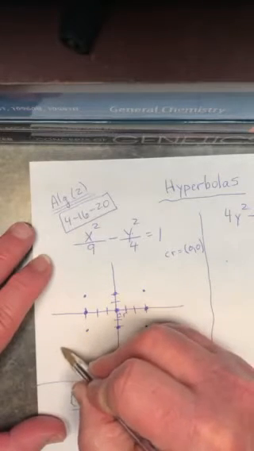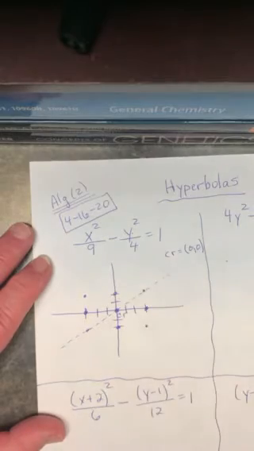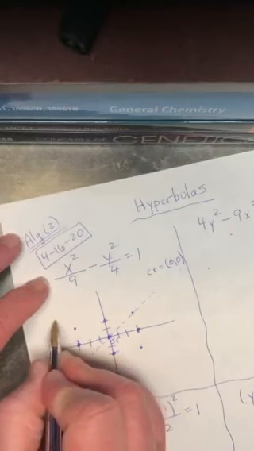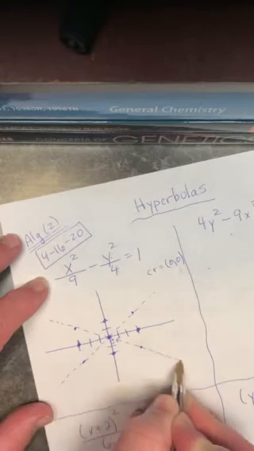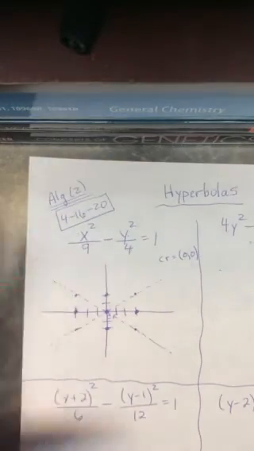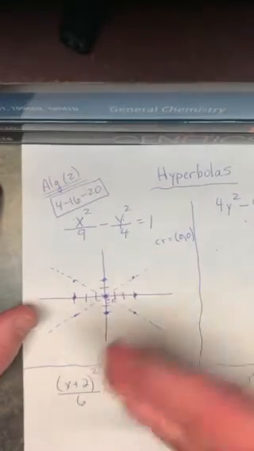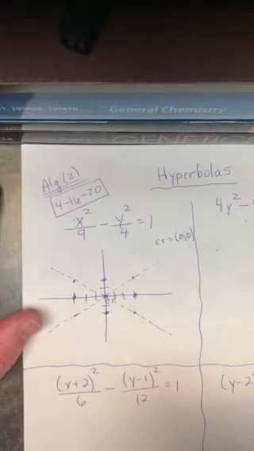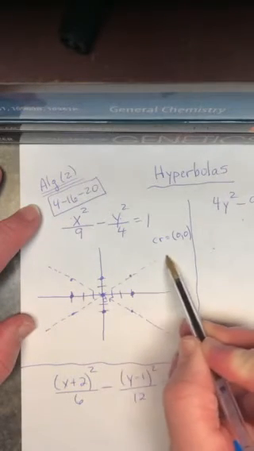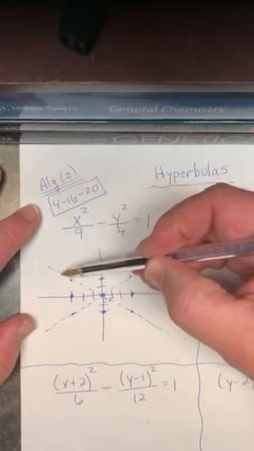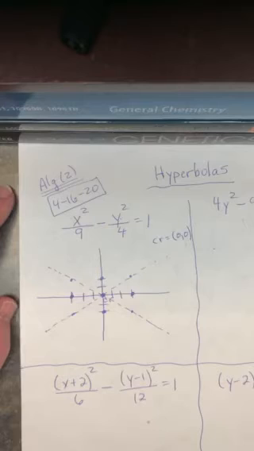So I draw an imaginary line through the center going through those two corners. And then I draw an imaginary line going right through the center, going through those two corners. Those are actually called asymptotes because they're imaginary lines that are going to be used to guide how wide to draw my picture. So I've got an imaginary diagonal, another imaginary diagonal, both cutting straight through the center of that picture.